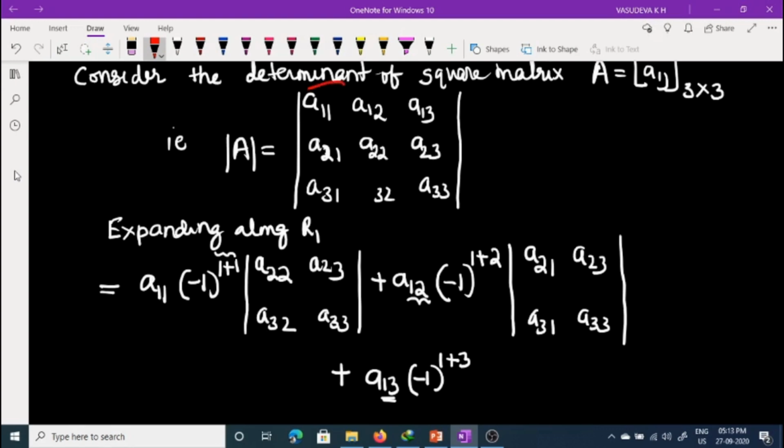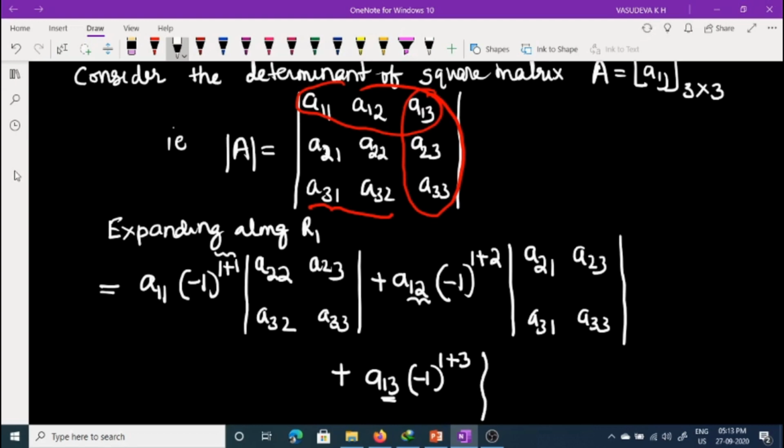A13 lies in the first row and the third column. Leaving those, what are the remaining elements? A21, A22, A31, A32.